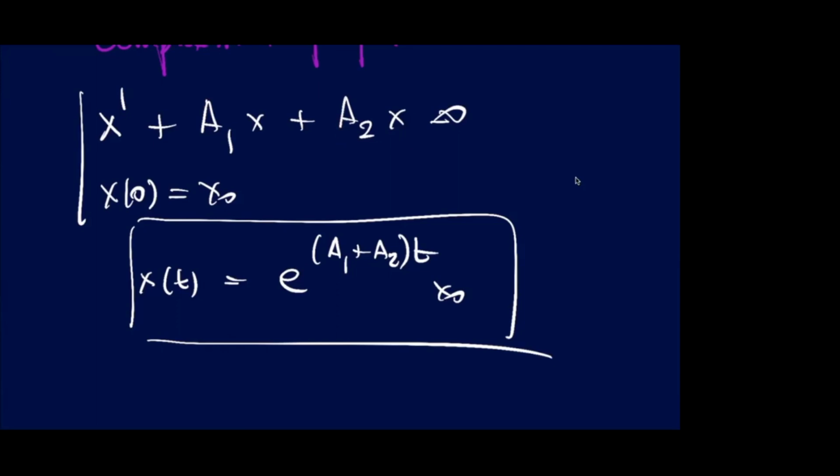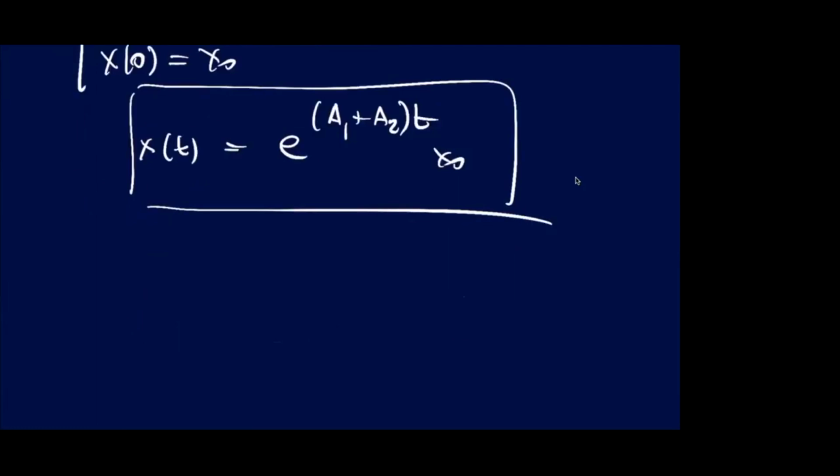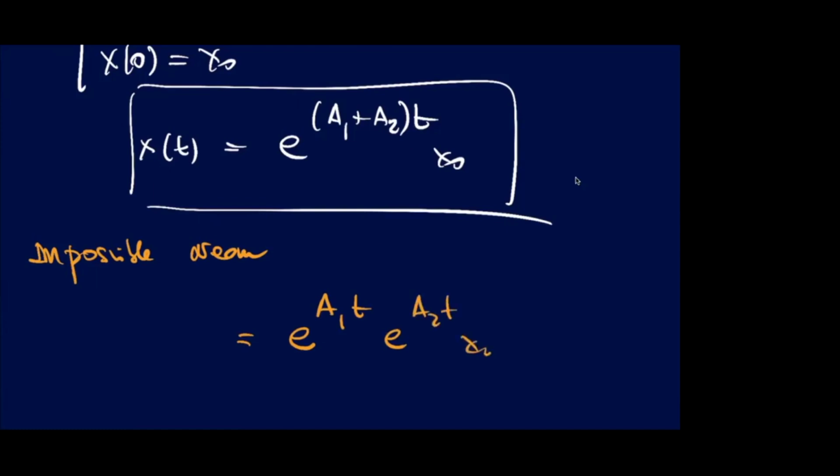And my dream, the impossible dream, right? So the impossible dream will be something like this, will be to say that this is exponential A1t, exponential A2t, X0, right?